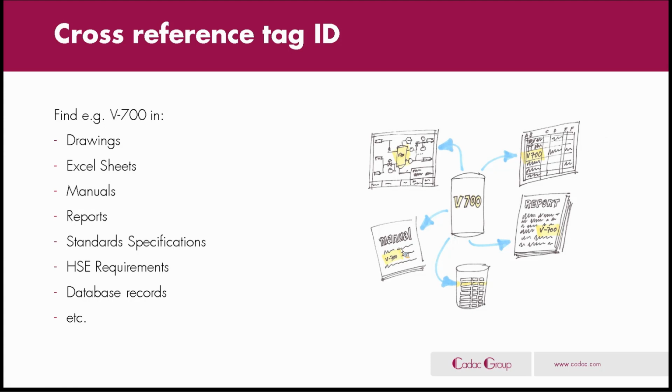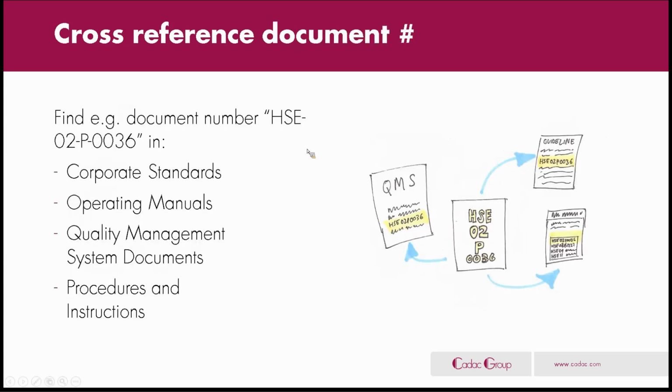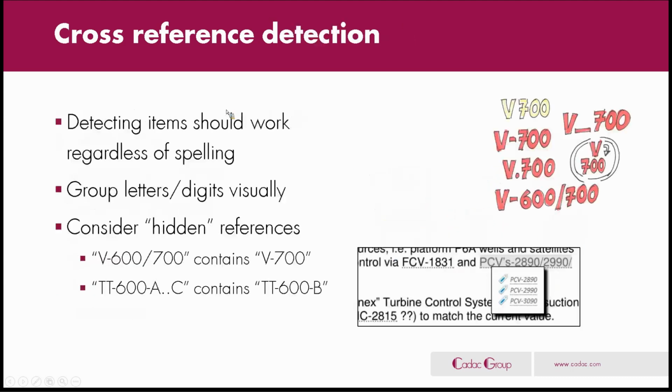Those are the types of things that we will pick up and we'll be able to relate. So we don't only do that for the tag IDs, we also do that for pretty much any type of information you have. Whether it's a line number, a document number, it almost doesn't matter what that is. So if you look for a document number, you're going to find all of the different locations where that document number is located.